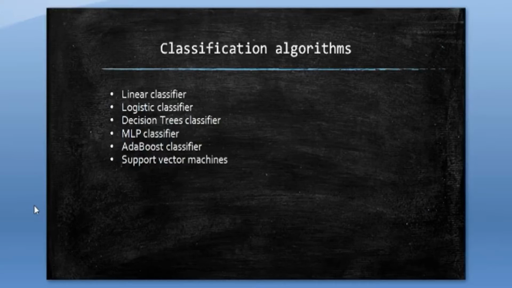SVM is good to use if data is small, but if the data is huge, it is preferable to use decision trees or AdaBoost classifier. Each algorithm has its own use and its own application. So you have to take care when you choose your classifier or algorithm for a current application.